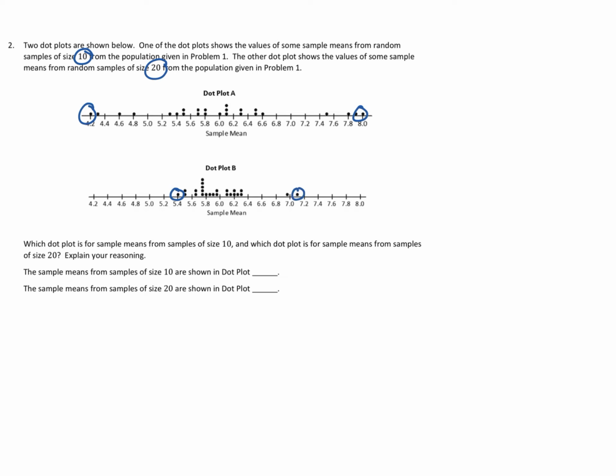B. The points in B are closer, which has less variability. If you are collecting more data, that should result in less sampling variability. Less data means you're going to be more spread out. We also need to explain our reasoning.